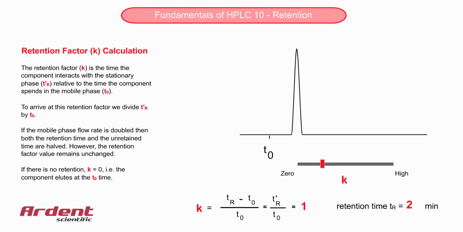The retention factor hasn't changed, however, as the ratio of the time the component has spent in the stationary phase over the time the component has spent in the mobile phase is still 4. The retention factor has stayed the same, showing that this value is independent of the flow rate.